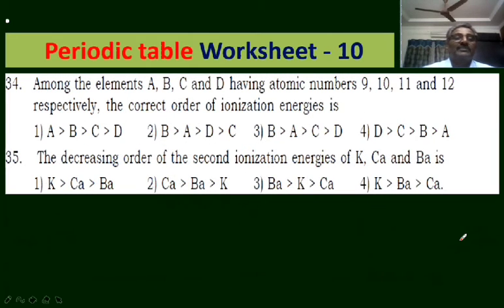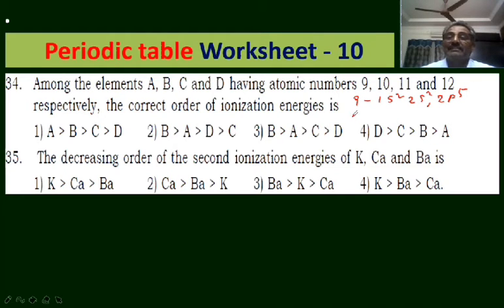Next, 34th question. Among the elements A, B, C and D having atomic numbers 9, 10, 11 and 12 respectively, the correct order of ionization energies is: with atomic number 9, the electronic configuration is 1s2, 2s2, 2p5.